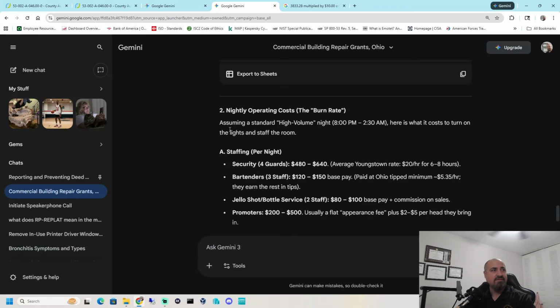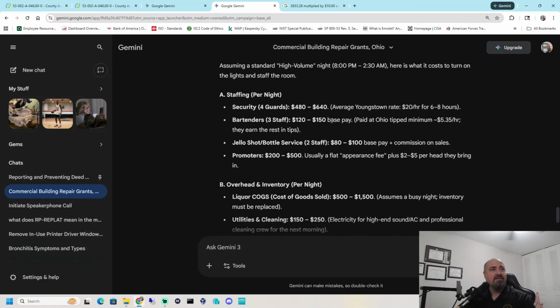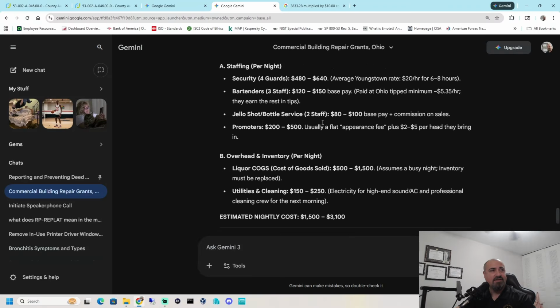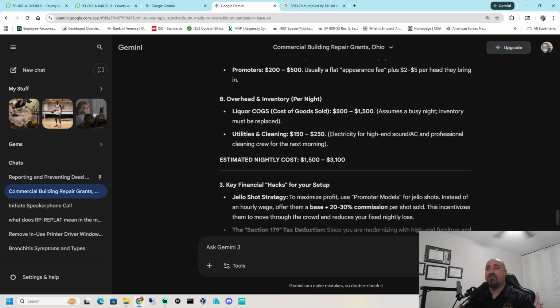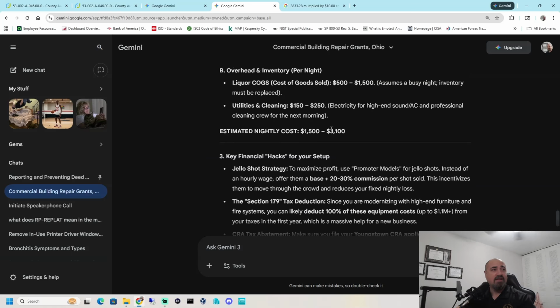Here's what it costs to keep the lights on the staff. All right, 480 to 640, 120 to 150, 80 to 100, 2 to 500. Overhead and inventory per night, 500 to 1,000, 1,500, 150 to 250. Total nightly costs, 3,100 per night.